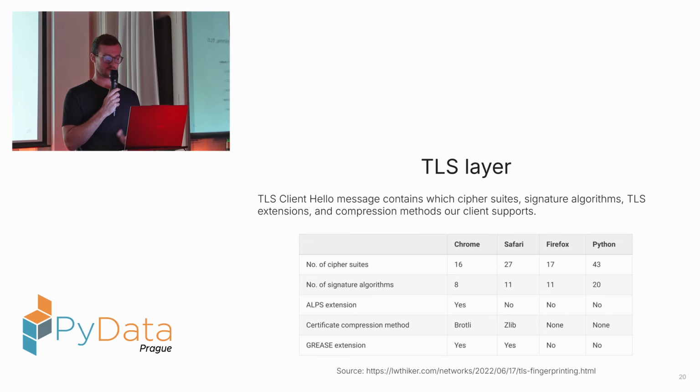And if we look at this table, we might notice that the TLS features supported in Python are really different from the ones in browsers. And when I say Python, I mean the standard SSL module, which is used by all the HTTP clients I've shown you at the beginning. So it really doesn't matter which one we use. It will end up the same for all of them.